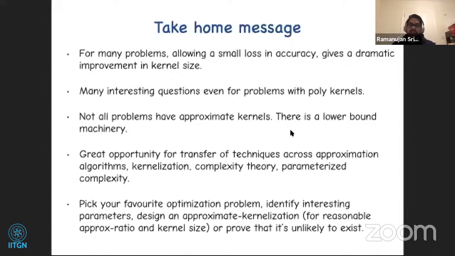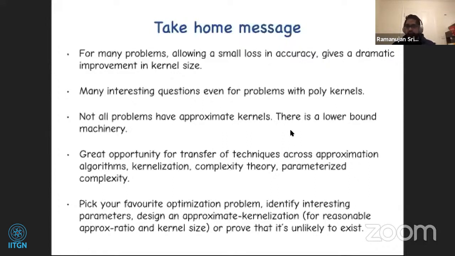Could I do significantly better in the kernel size? So if there is a k to the little o of d lower bound for standard kernel for a problem, whatever d is, ask yourself, what if I only cared about a 2 approximate polynomial kernel? Can I do k to the little o of d then, right?